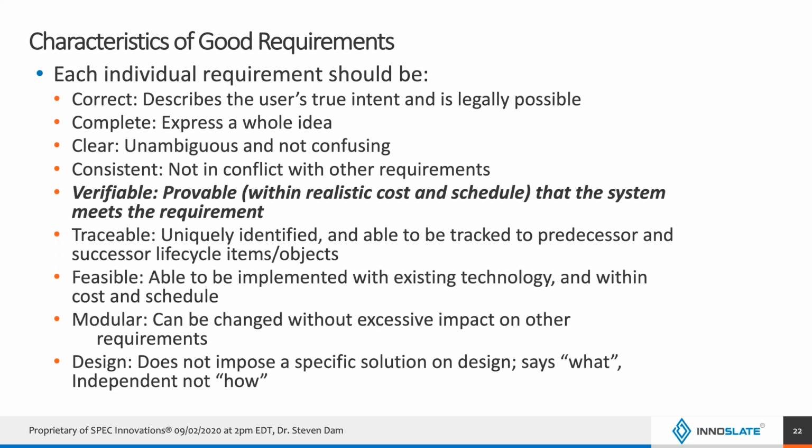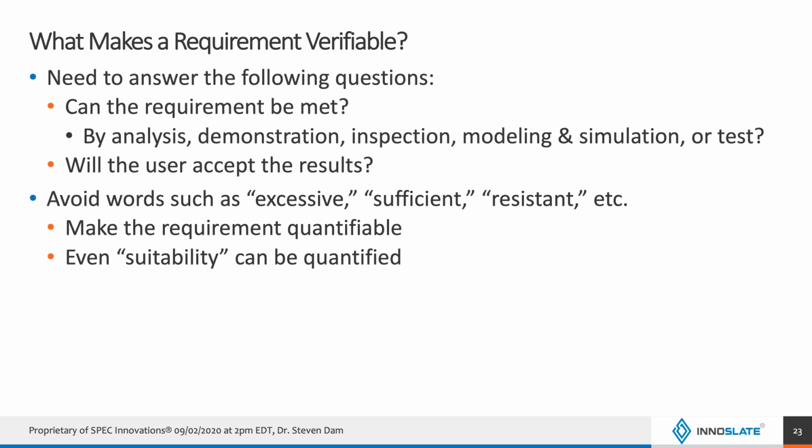Of course, the others are traceable, feasible, which is whether it is possible, and modular in design. So you'll see those often used. I think we discovered that modular is actually overlapping with something else. But modularity is something people want to hear about, so you can add that if you want to the requirements set quality score.